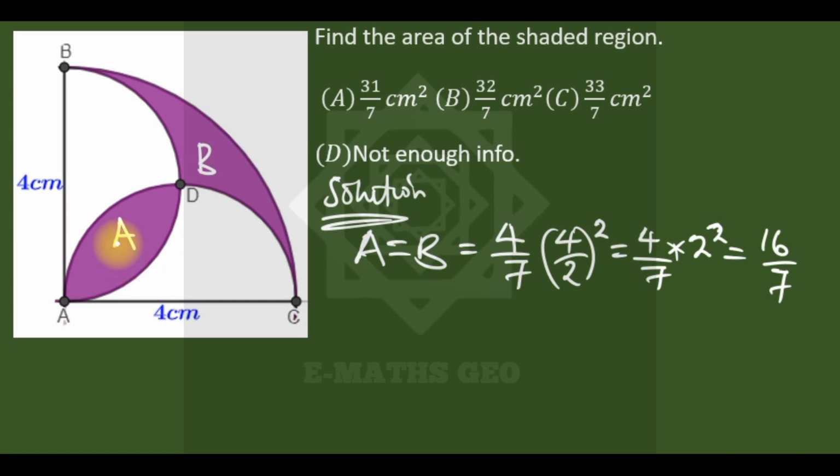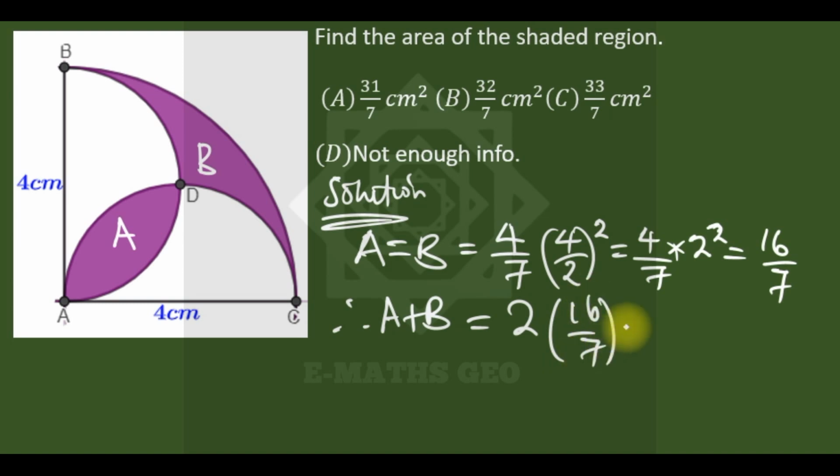So A and B are each equal to 16/7, which implies that A plus B, because that's what we are asked to find, the area of the shaded region, is 2 times 16/7, since both are equal, which is 32/7. So the answer is option B.